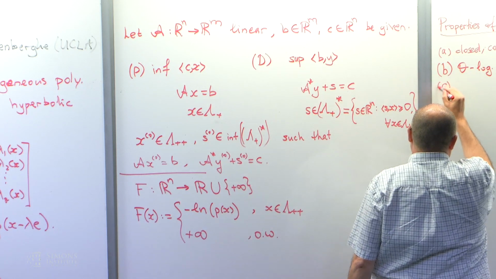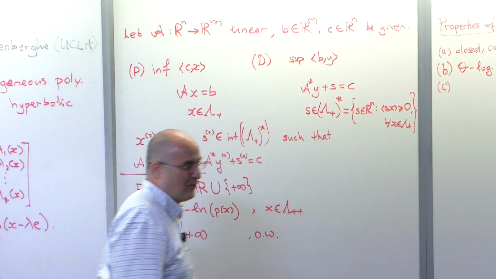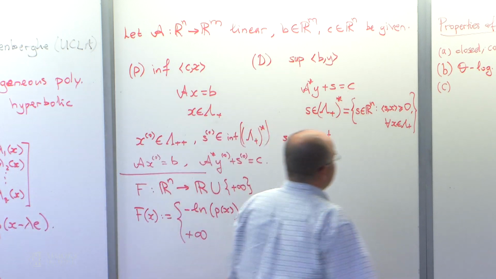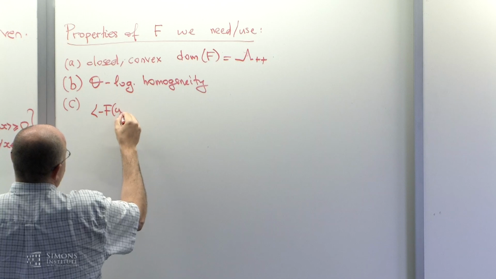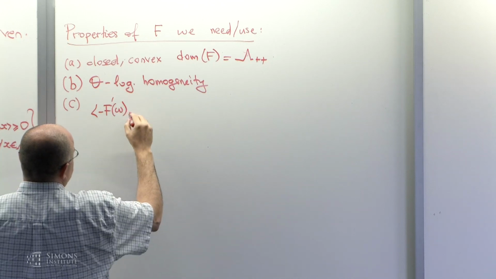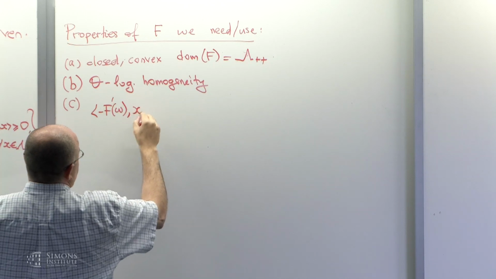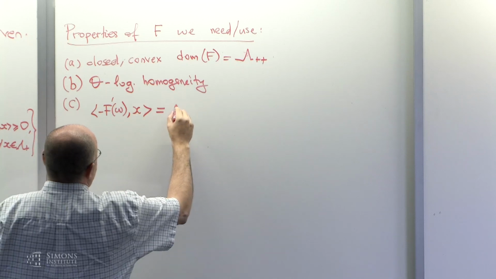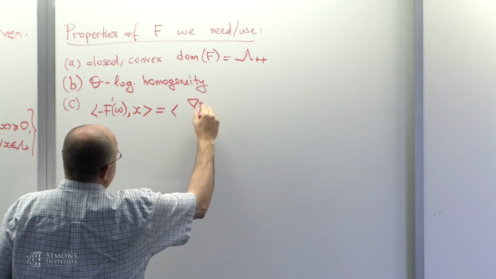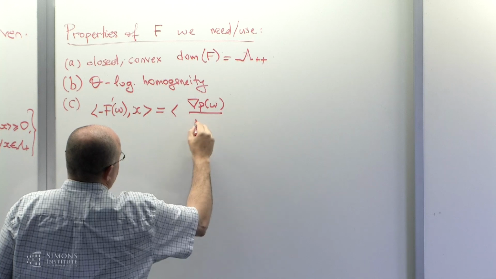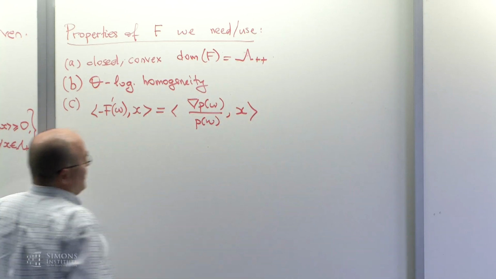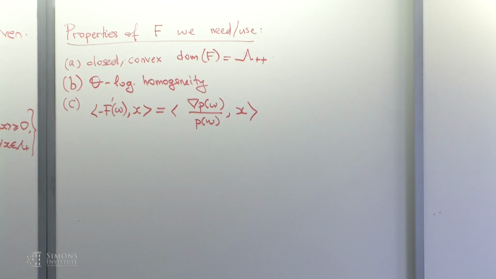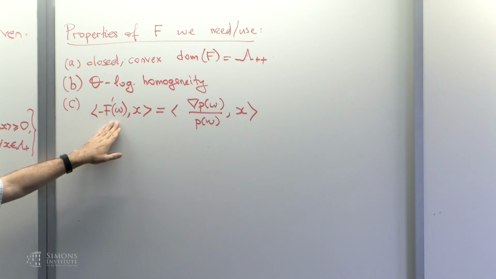What is the third one? I saved the best for last. What is this? This is this function. I'm going to write it like this. So first of all, before I say the property, what I'm writing is that I'm looking at the first derivative of my function.